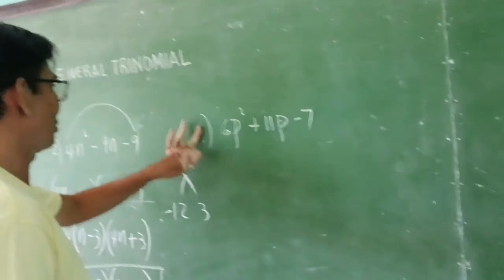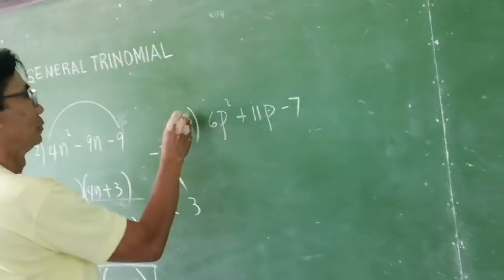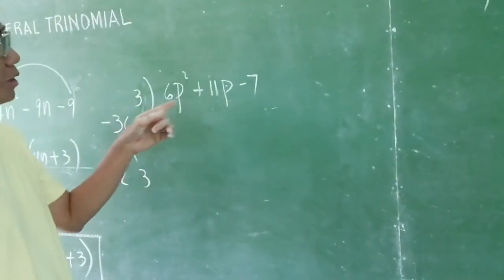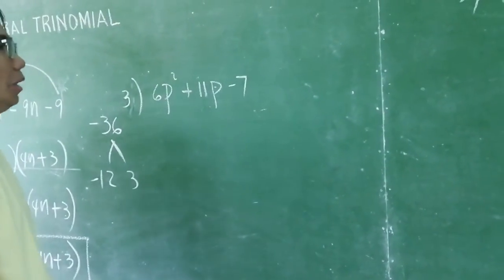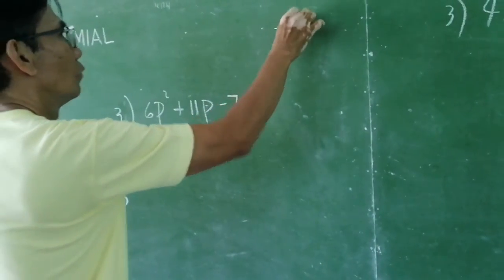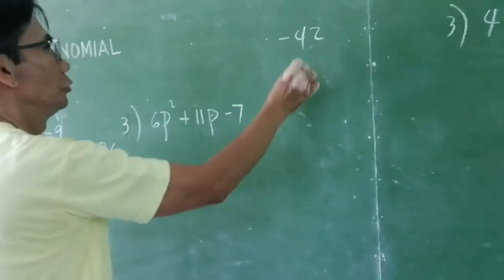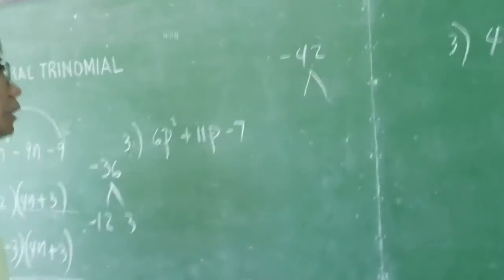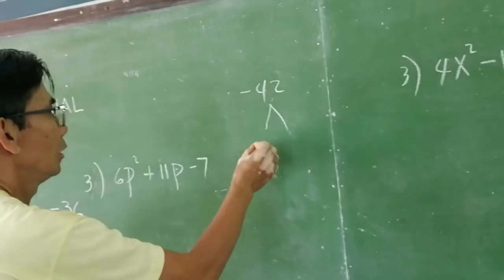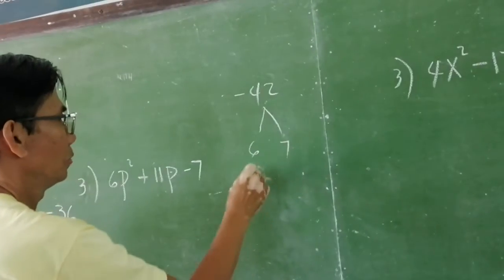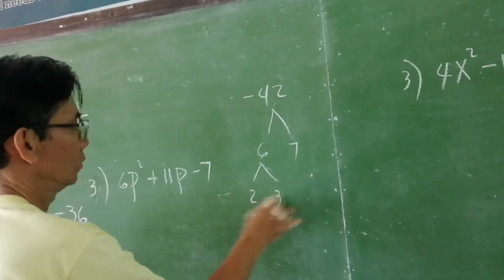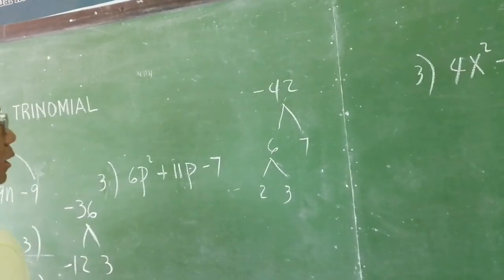Oops, number 3, supposed to be number 3. So A is 6 and C is negative 7. So AC is negative 42. Okay? So think of a number. You may have got 6 and 7, and if you want prime factorization, that will be 2, 3, 7.